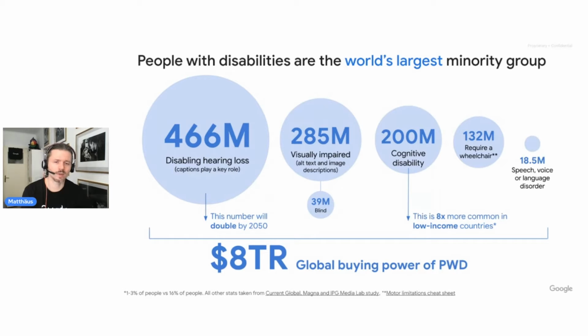When a website is not accessible, the business is excluding a huge group of potential customers with significant spending power. You can see the number here, which is $8 trillion. By not having an accessible web page, a lot of business growth and global buying power is being missed.